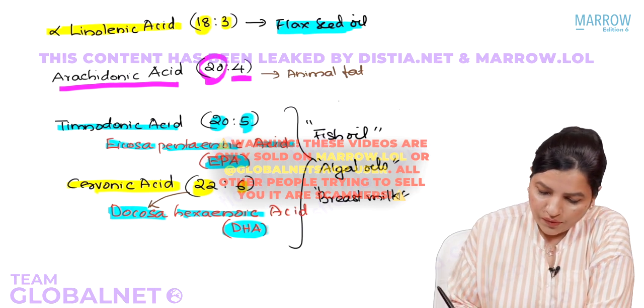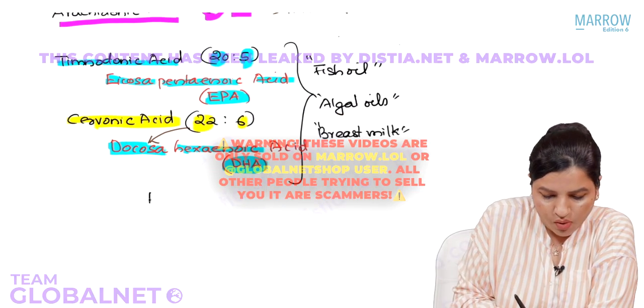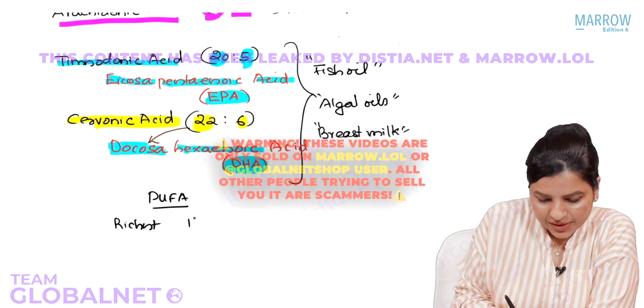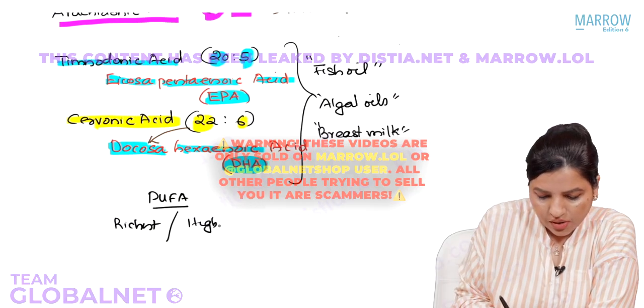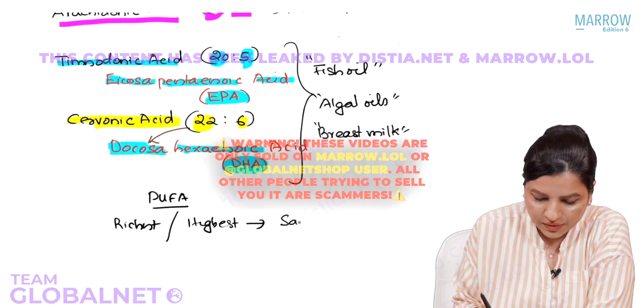If we consider polyunsaturated fatty acid as a whole, the richest or highest concentration of polyunsaturated fatty acid is present in safflower oil.